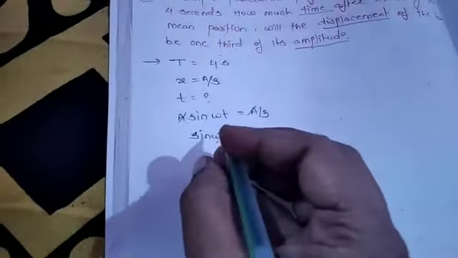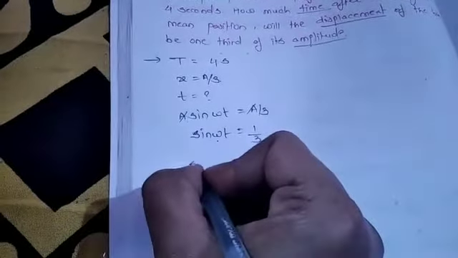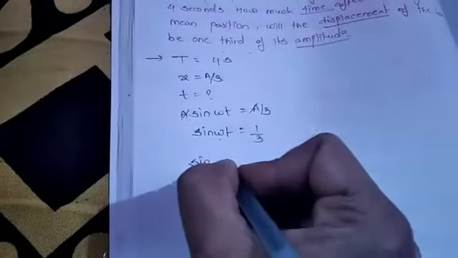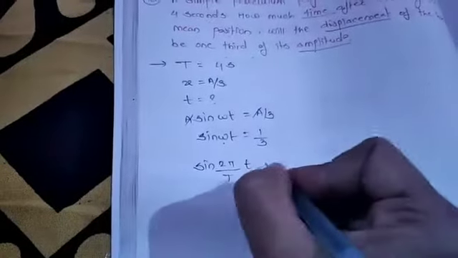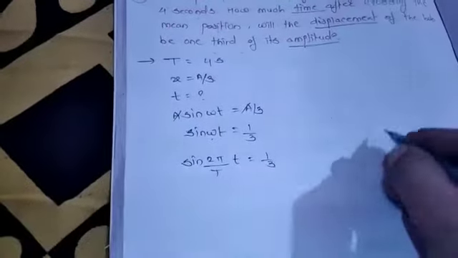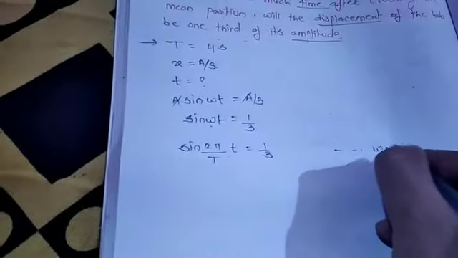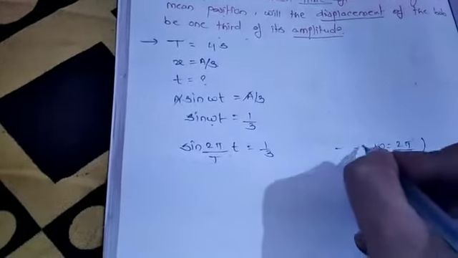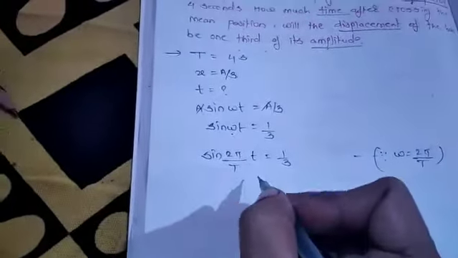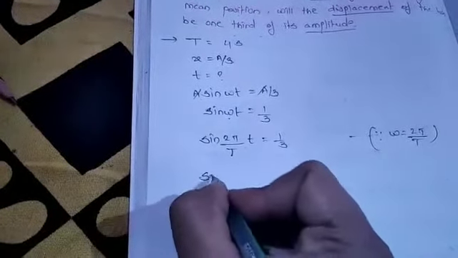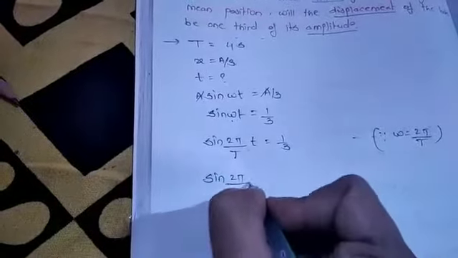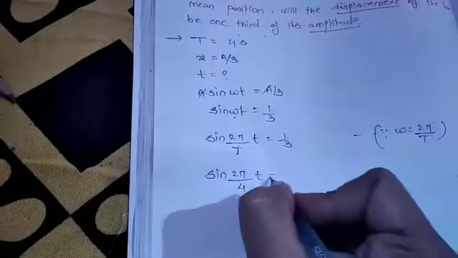Here we know omega is equal to 2 pi by T. So it is 2 pi upon T into t. We write the value of T; the time period is given, it is 4 seconds.